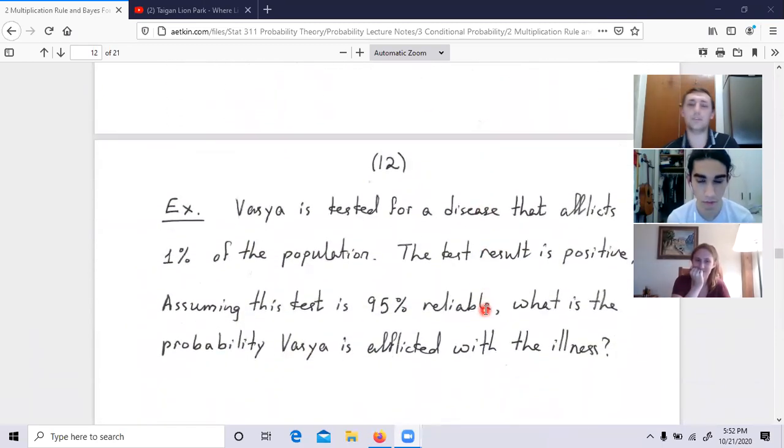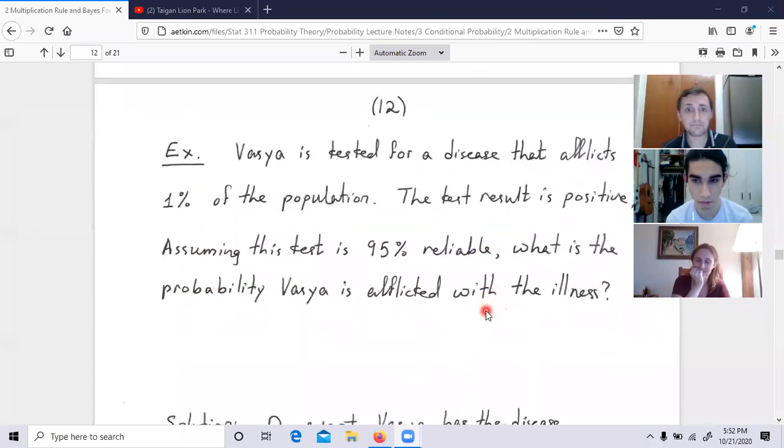I could not have believed a few months earlier that such a thing is possible. Vasya is tested for a disease that afflicts 1% of the population. The test result is positive. Assuming this test is 95% reliable, what is the probability that Vasya has the illness?